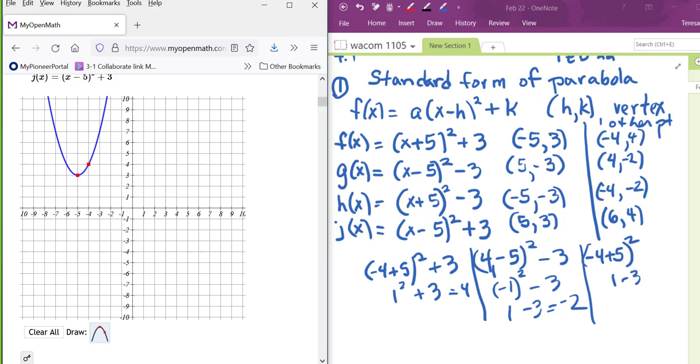Right, another one, so I'll do my tool again. 5, negative 3. And 4, negative 2. Negative 5, negative 3, so hit my tool again.